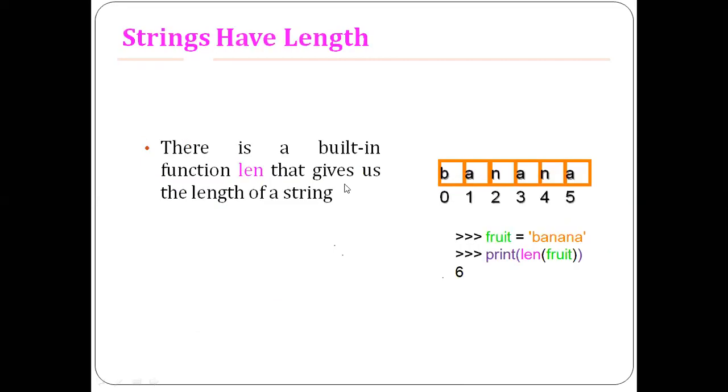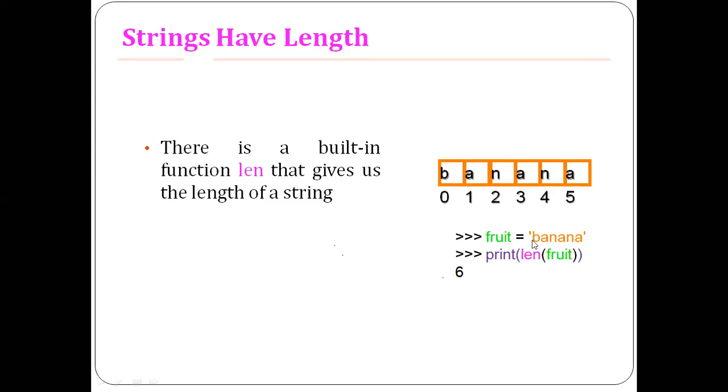And to know the length of a string, we have a method called length, which is basically used to retrieve the length of the string. There is a built-in function len that gives us the length of a string, that is BANANA, which is nothing but 0 1 2 3 4 5. So it will give you the total number of characters in the given string.